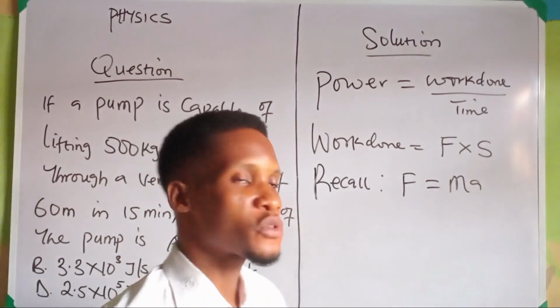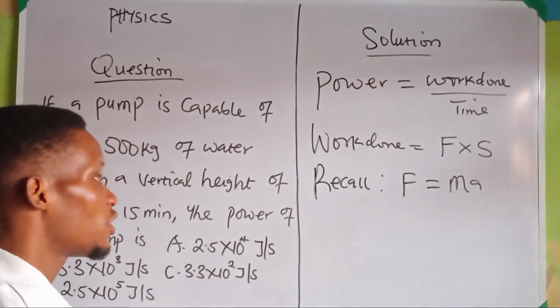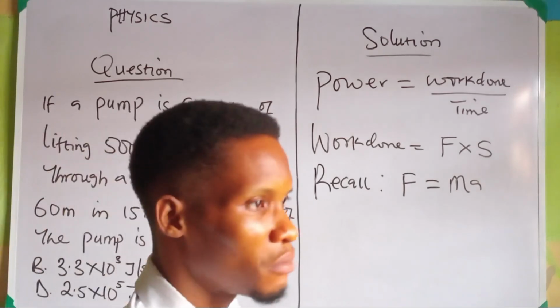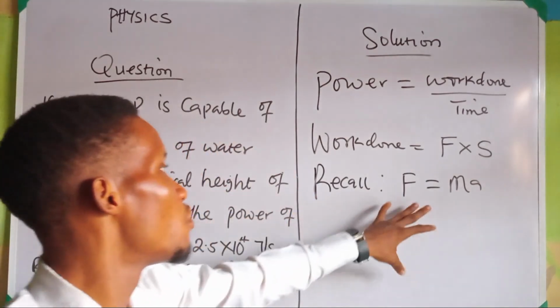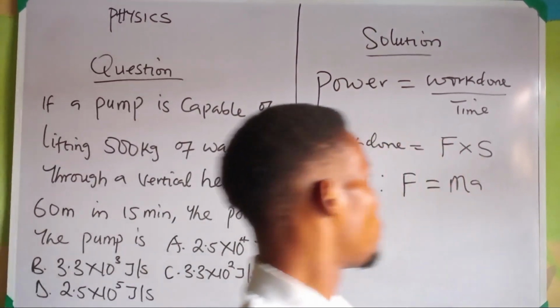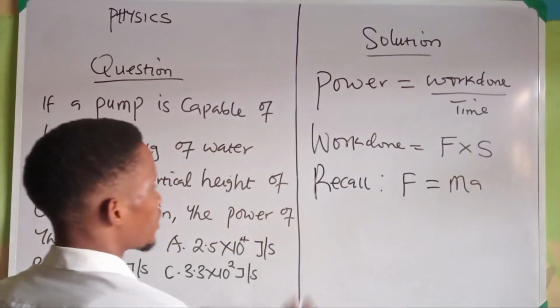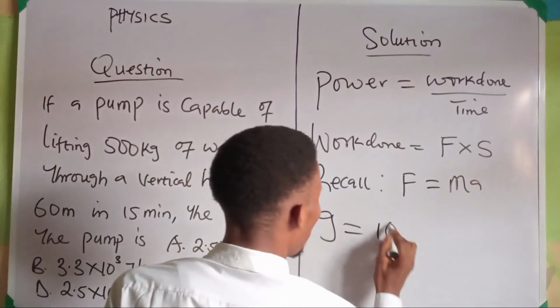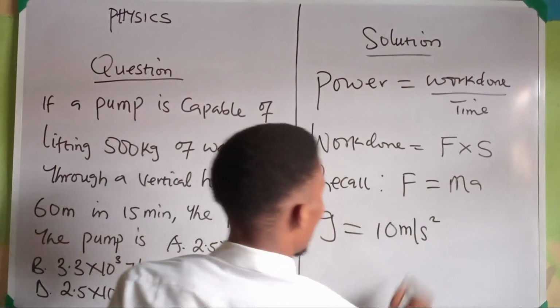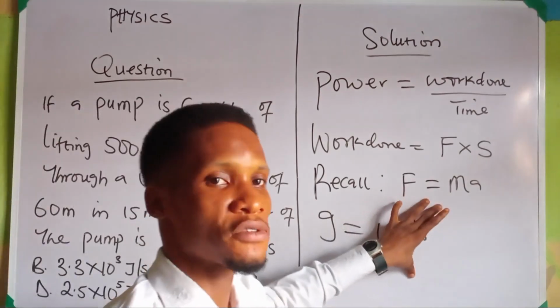This acceleration is called acceleration due to gravity, and it's not given in the question, but you need to know that the acceleration due to gravity is 10 meters per second squared. This is a constant used in solving equations of this kind.